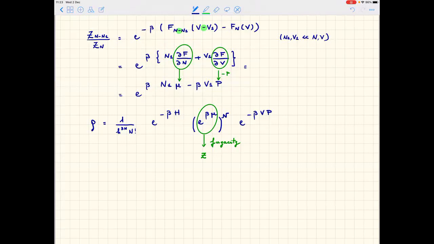So overall, this is equal to 1 over h to the 3n n factorial, e to the minus beta H, and then z to the power n, and then e to the minus beta VP.